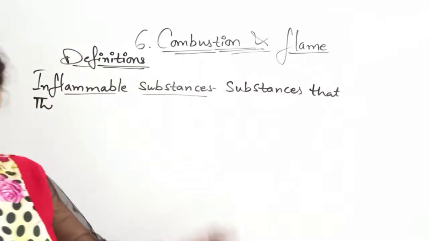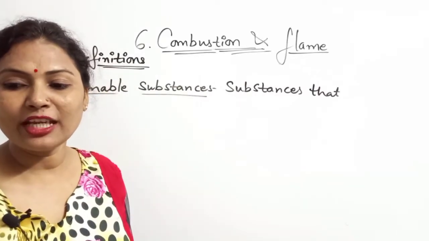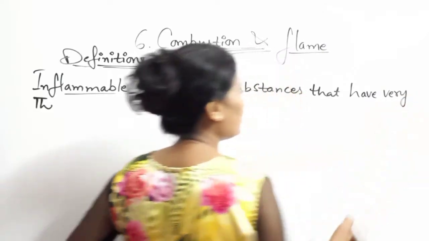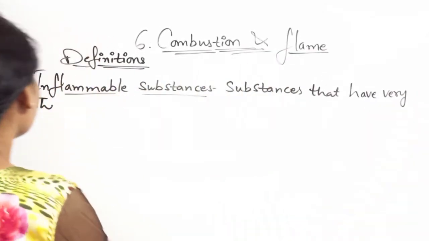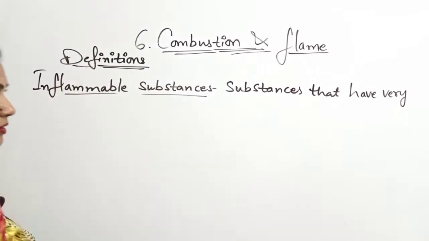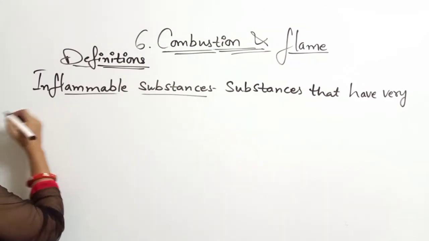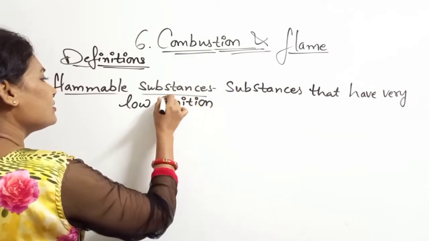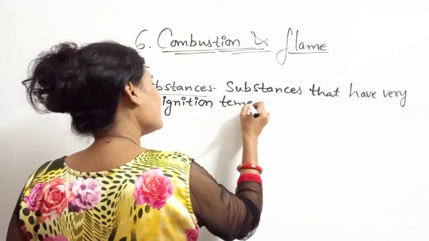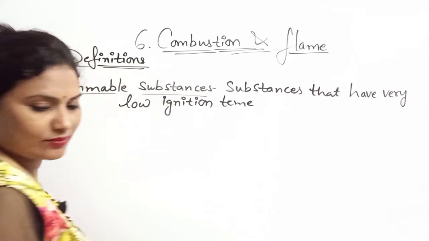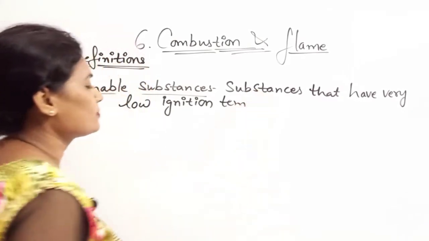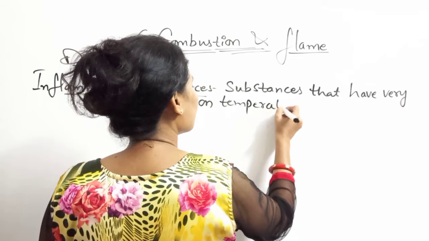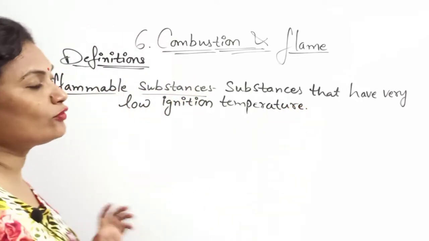You can write that substances that have very low ignition temperature. Okay, so those are inflammable substances.